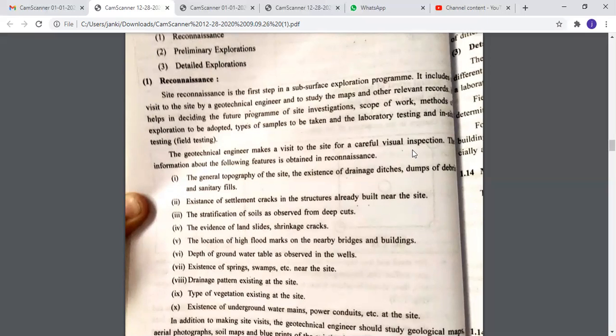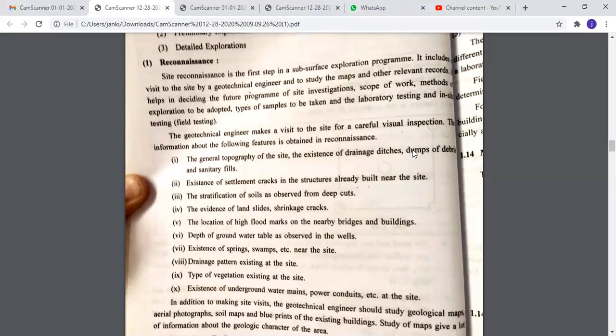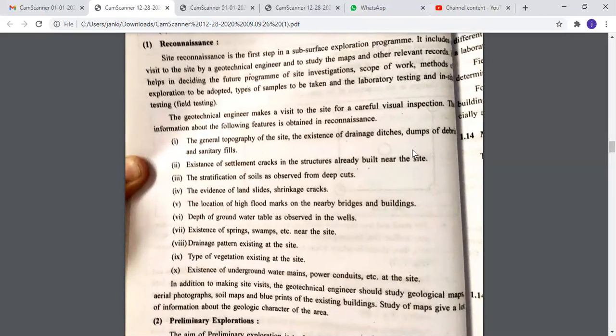So you can understand that the first stage of subsoil exploration is reconnaissance, and it mainly involves a geological engineer who visits the site, checks the different criteria, and observes many things in the surrounding area and at the site. Some soil is also collected at different locations for testing, either in the laboratory or in situ testing, right?